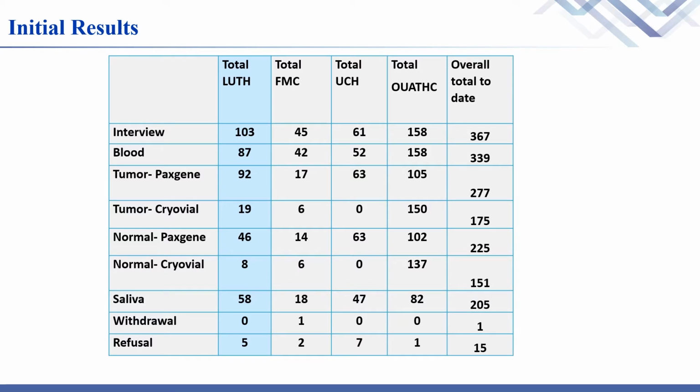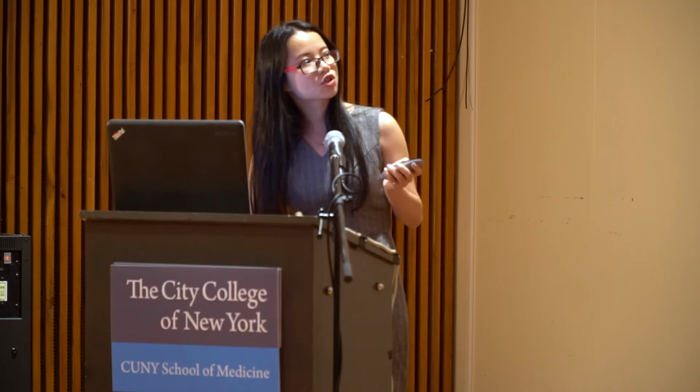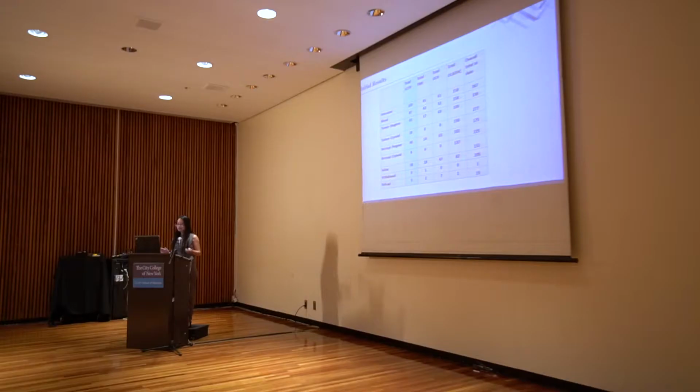We got 103 interviews, 87 blood samples, 92 tumor samples in PAXgene solution, 90 tumor tissues for cryoview, 46 normal tissues for PAXgene, and 8 for cryoview. We also got 58 saliva samples.